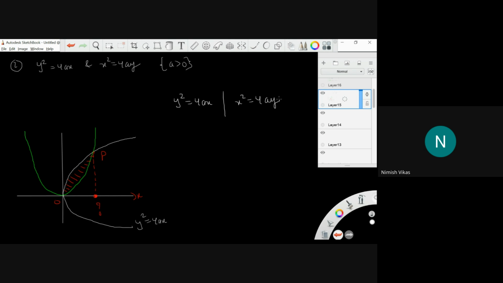Now tell how to find the point of intersection. There's a general formula for this, right? Which formula? That 16 AB by 3.